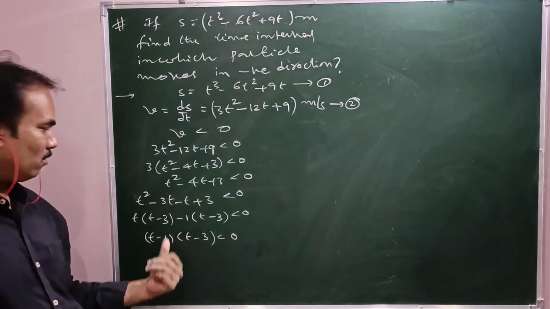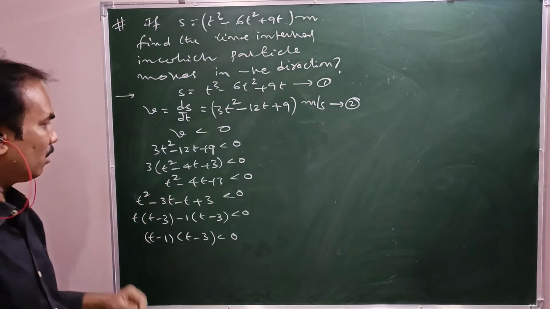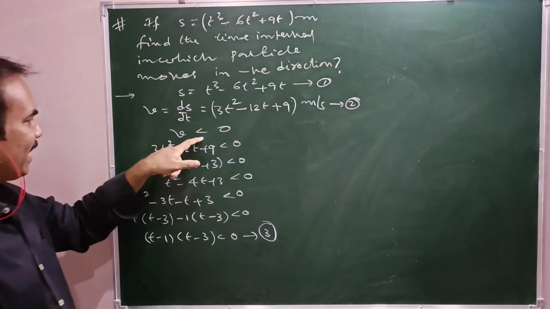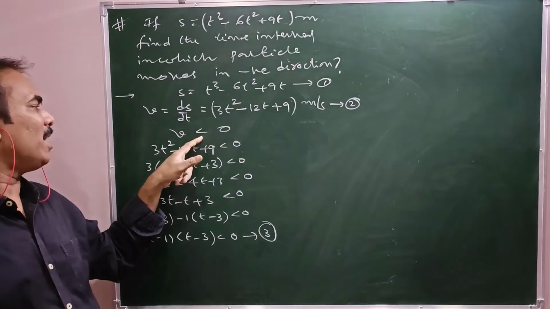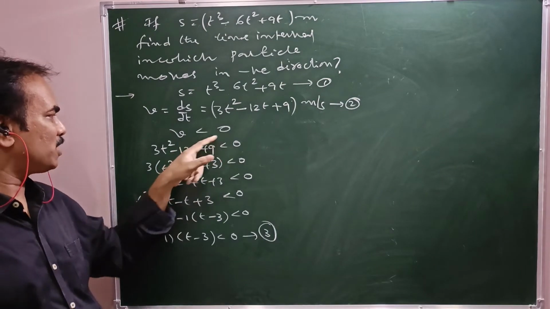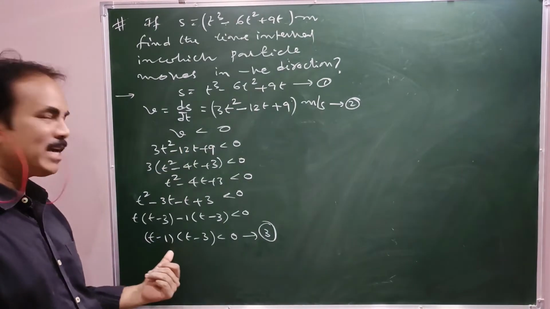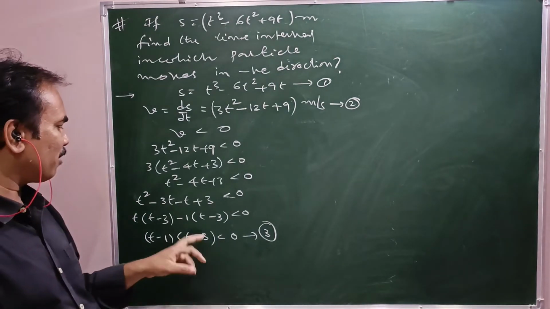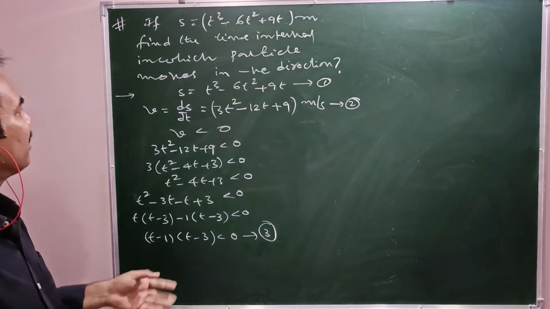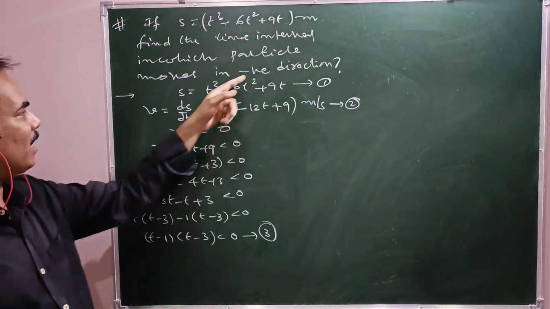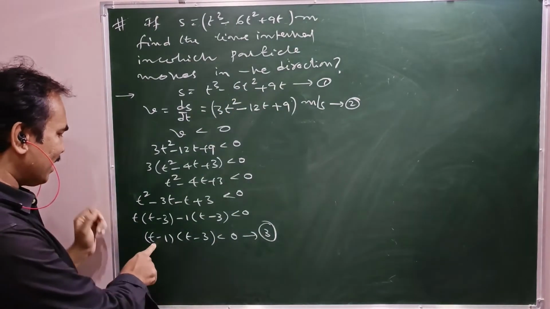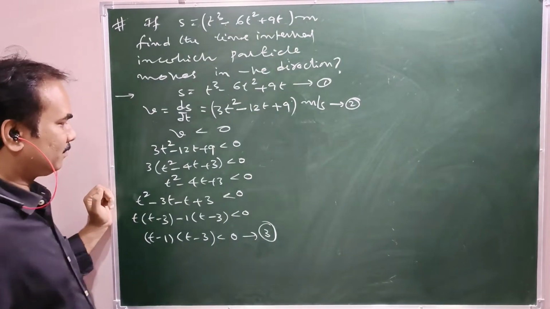This is the required condition. If velocity is negative, that is, if the particle moves along the negative direction, then t minus 1 into t minus 3 must be less than 0. Now let us check the time interval in which the particle moves along the negative direction, by substituting different values for time.